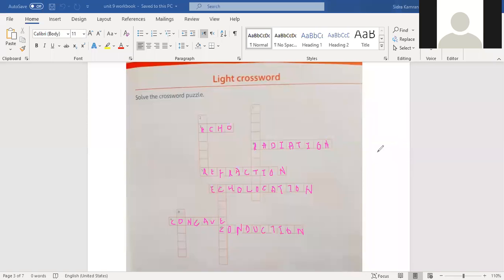Usman? No one? A slight bending of light is called diffraction. If you recall your lecture of light, the first lecture of this unit, the slight bending of light is called diffraction. Go and again watch the video of the first lecture. That is called diffraction.